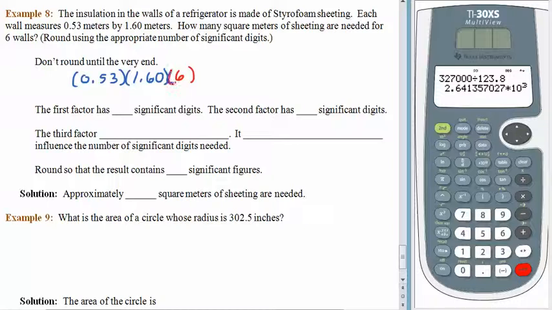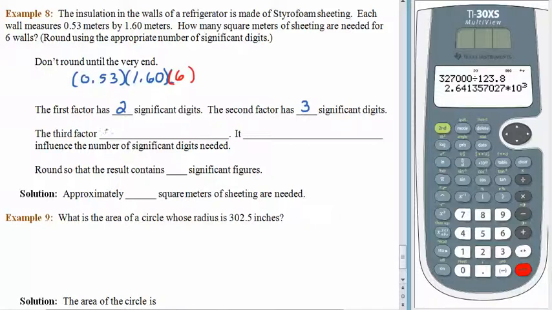Oops, there, now it's red. Because the 6 is different. The 6 is not a measured quantity. The 53 is measured. That's our first factor. It has 2 significant digits. Remember, this 0 here out front doesn't count. The second factor has 3 significant digits. The 1, the 6, and the 0 all count. But the third factor is not measured at all.